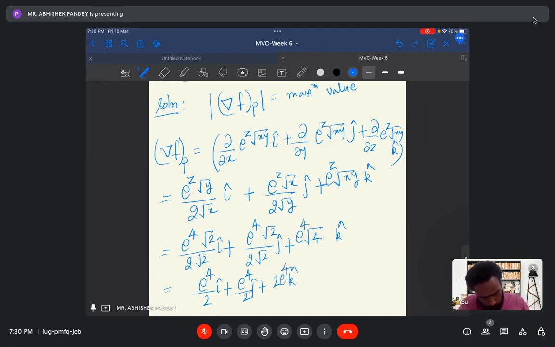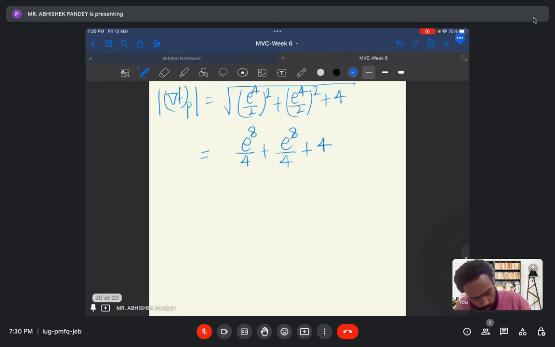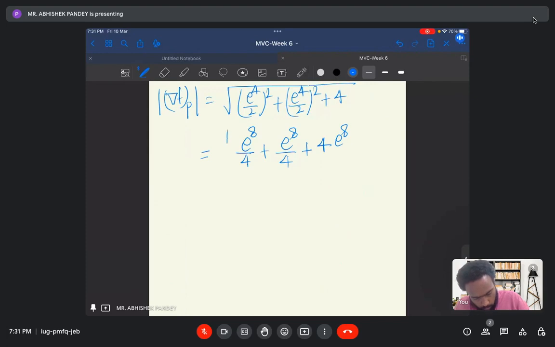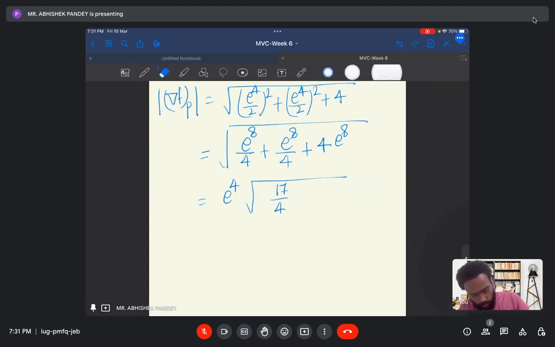So 2 e to the power 4, so e to the power 8 under root. So this will be e to the power 4 under root 17 by 4. Sorry, this is 18 by 4, which is nothing but 3 e to the power 4 by root 2. This is your answer.